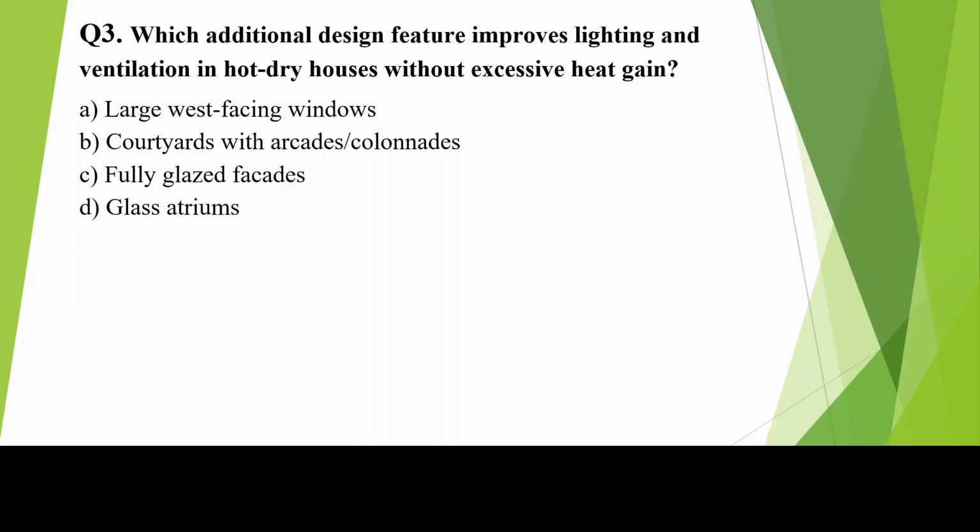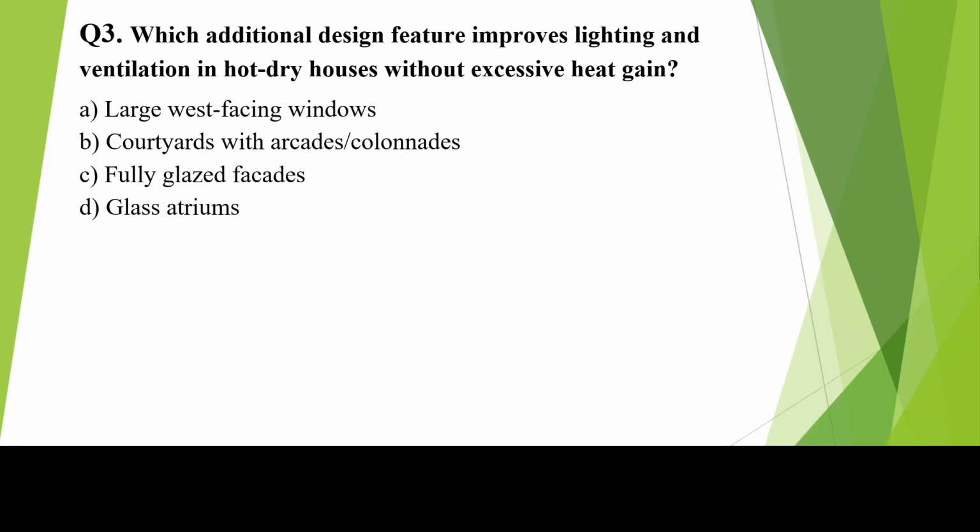Which additional design feature improves lighting and ventilation? So you want both lighting and ventilation without excessive heat gain. So what will you prefer? Let's see how many of you can answer it correctly.